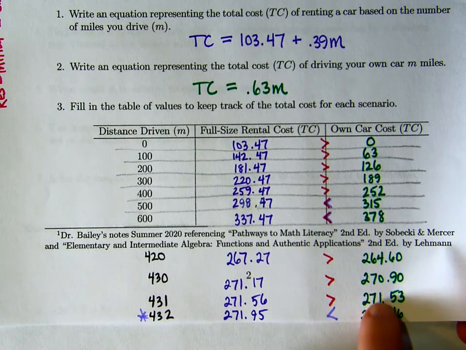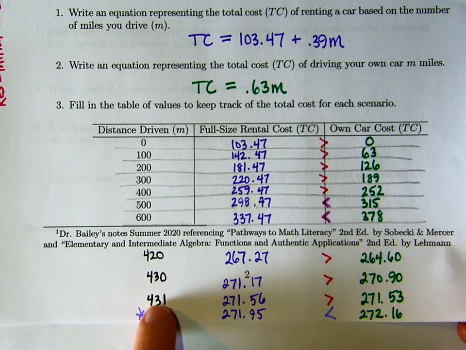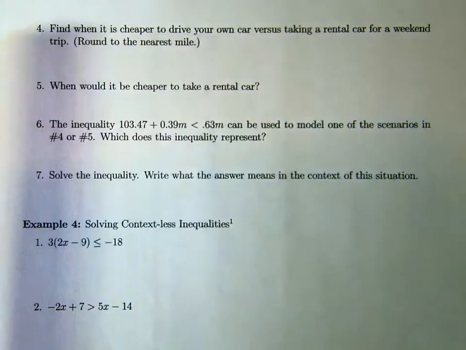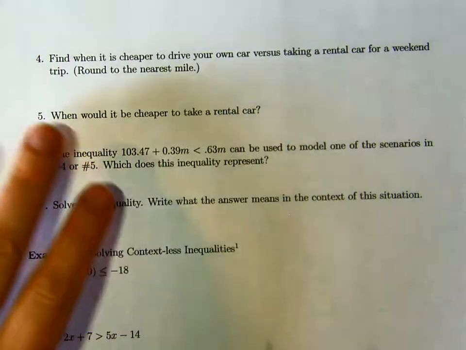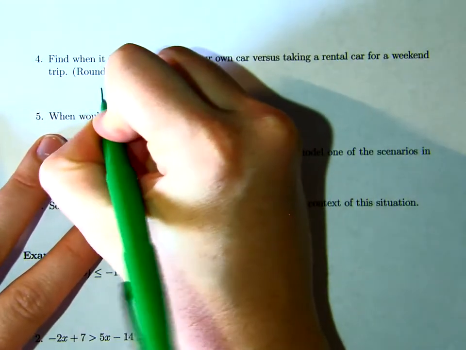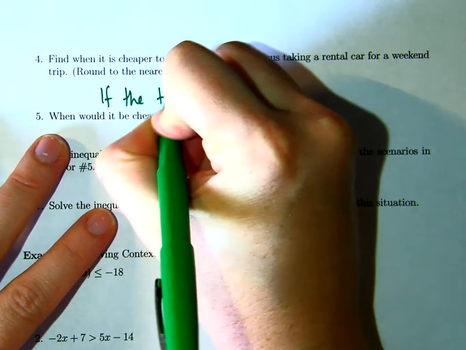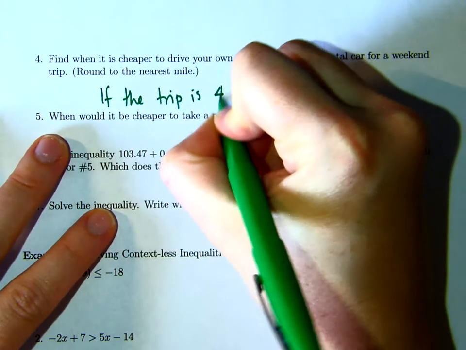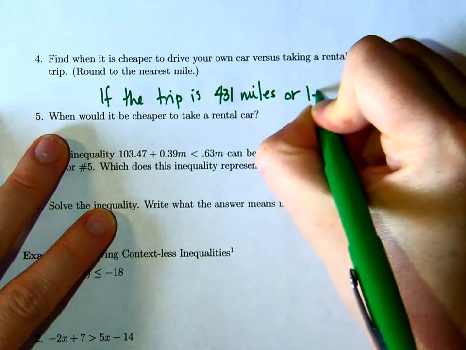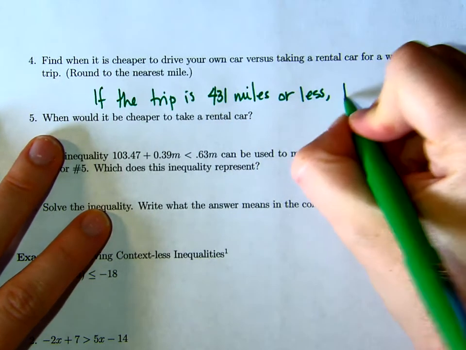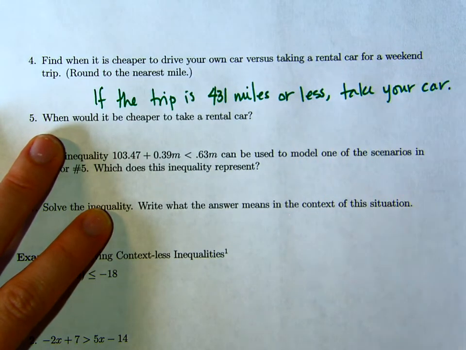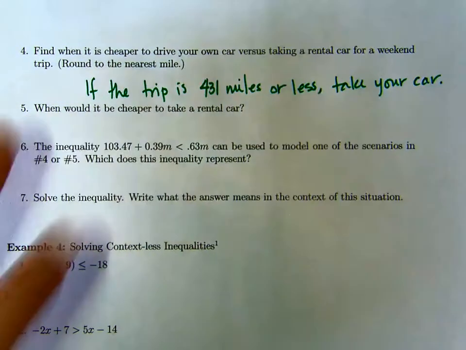So it was always cheaper to take your own car if it was 431 miles or lower. So, cheaper to take your own car. If the trip is 431 miles or less, take your own car. Yeah, it'll be cheaper.